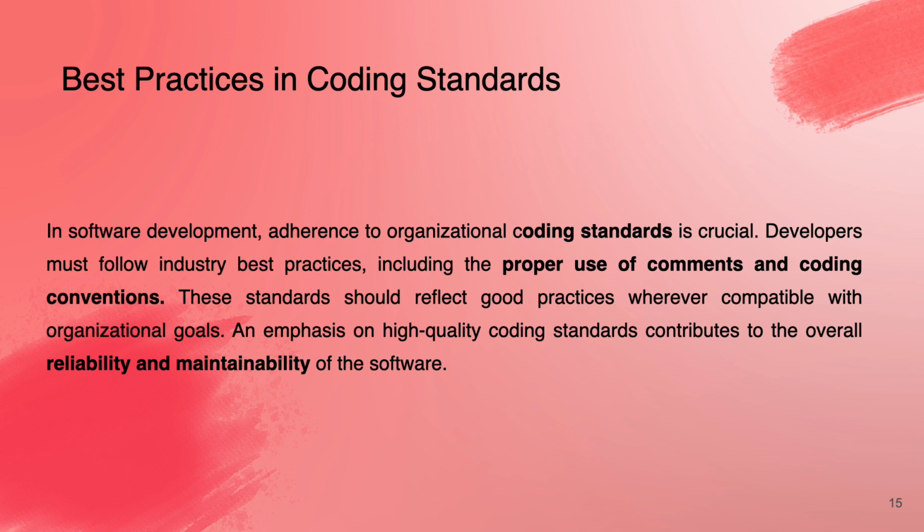And developers must follow industry best practices, including the proper use of comments and coding conventions. Friends, in this, the developer should use comments to explain the complex parts of the code and follow the coding conventions for consistent formatting, right? So this enhances readability and understanding for both the developer and others who might work on the code, right?